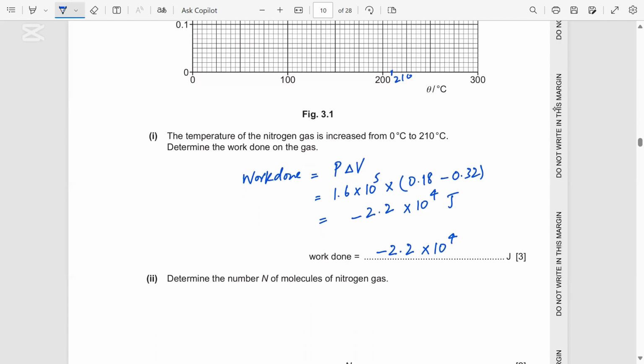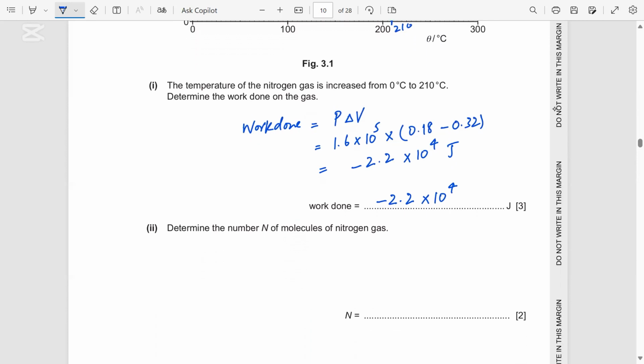Determine the number of molecules of nitrogen gas. You'll apply the formula PV is equal to NkT. So N is going to be PV over kT. You have here the pressure as 1.6 into 10 raised to power 5 Pascal times the volume.